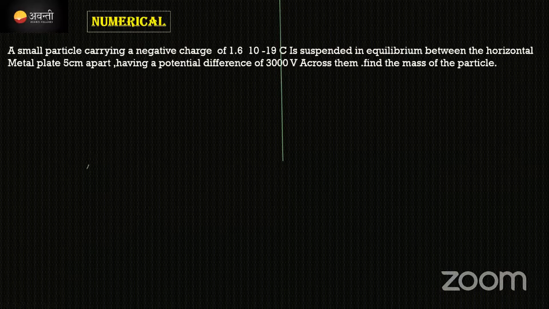We'll solve this one. देखो इधर question क्या है? A small particle carrying a negative charge. A particle है. It is carrying a negative charge of 1.6 into 10 to the power of minus 19 coulomb, is suspended in equilibrium between the horizontal metal plates.